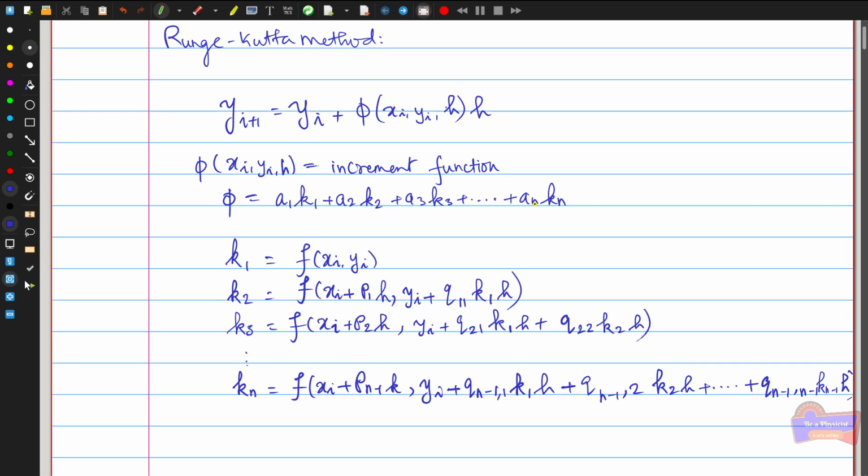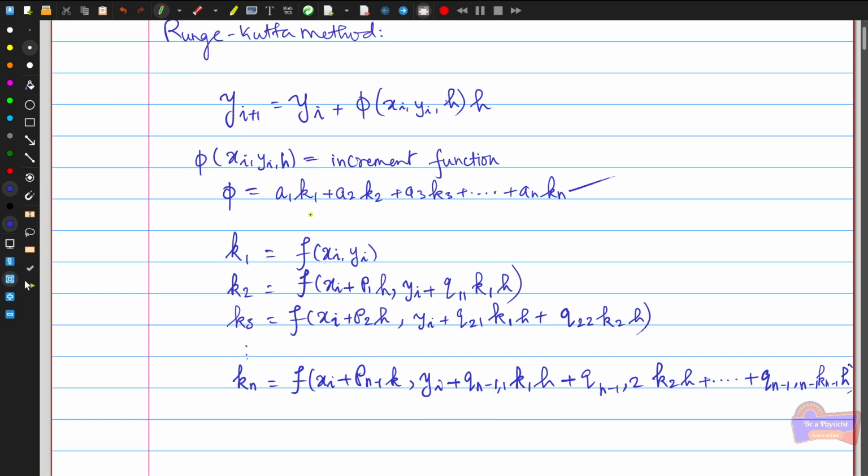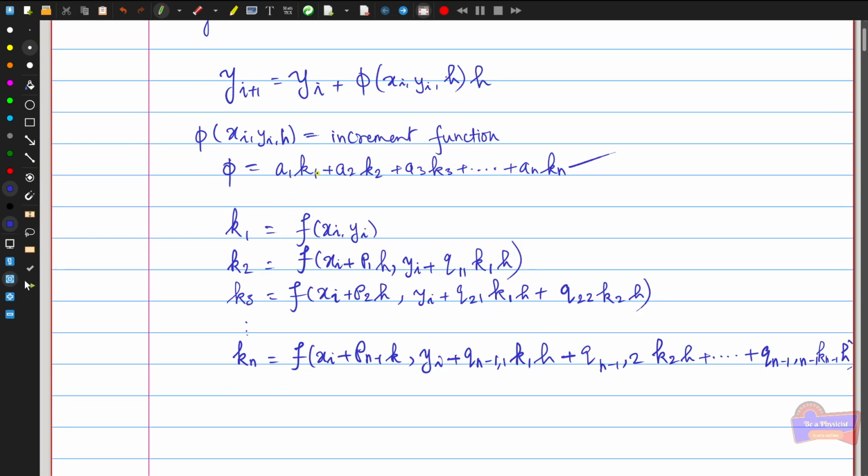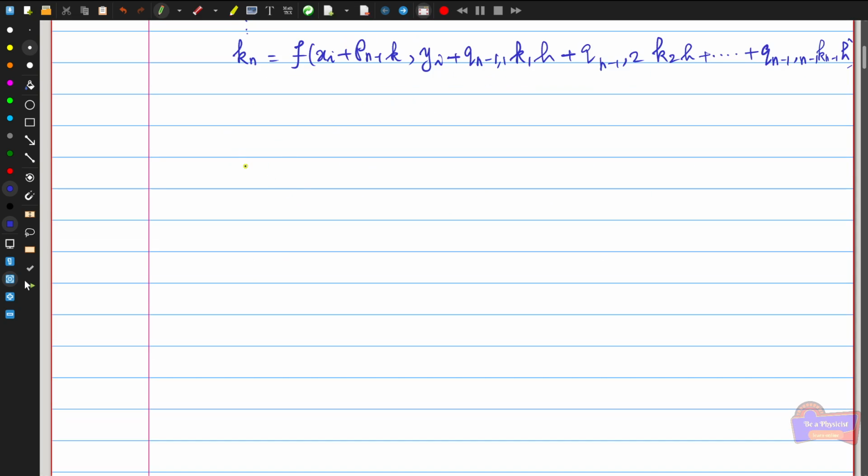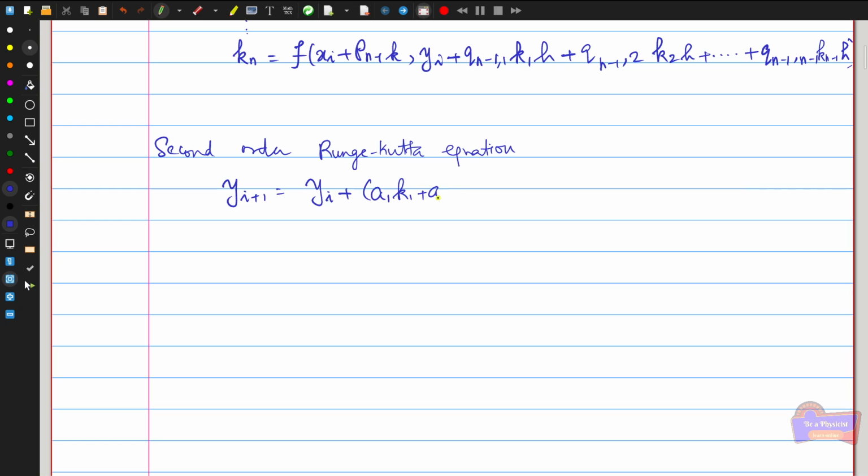If I choose n equal to 2 in this equation, then phi is equal to a1 k1 plus a2 k2, which can be substituted into this equation so that I can write the second order Runge-Kutta equation as y of i plus 1 equal to y of i plus a1 k1 plus a2 k2 multiplied by the time step h.